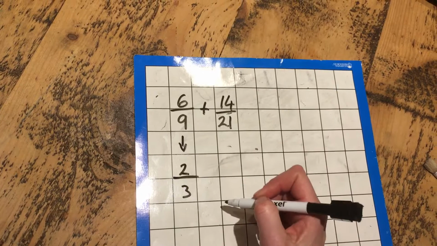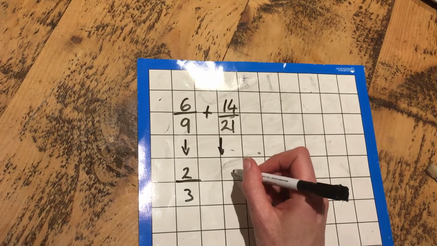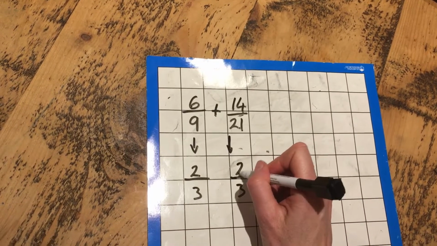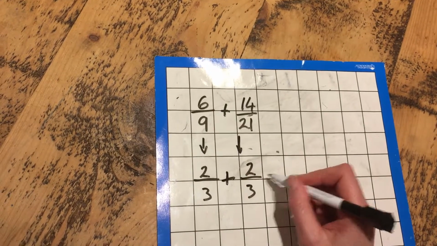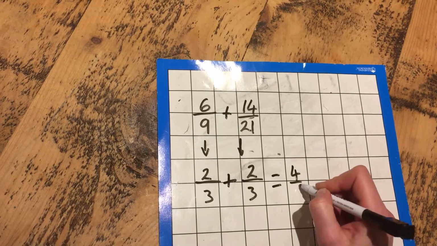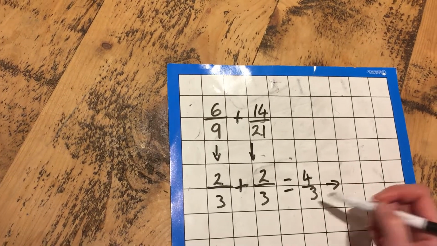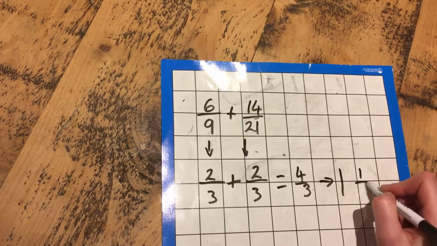And then the other one you also want to make 3 at the bottom, so you're going to divide by 7. And you end up with 2/3 plus 2/3, which gives you 4/3, which you need to convert from an improper fraction into one whole with 3 of them and 1 left over.